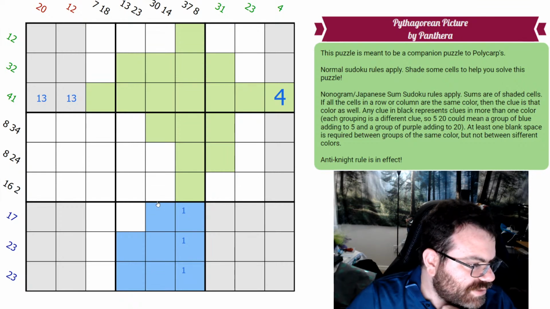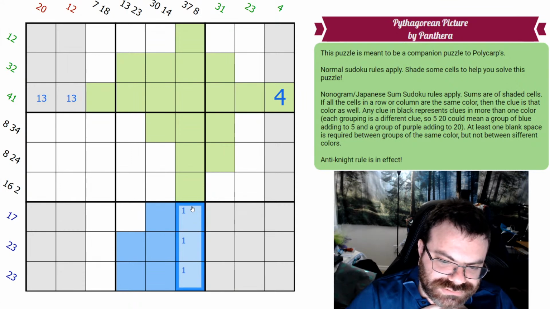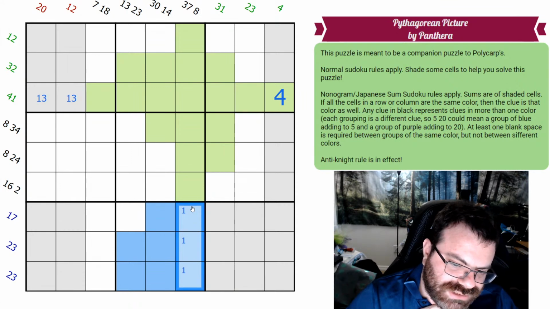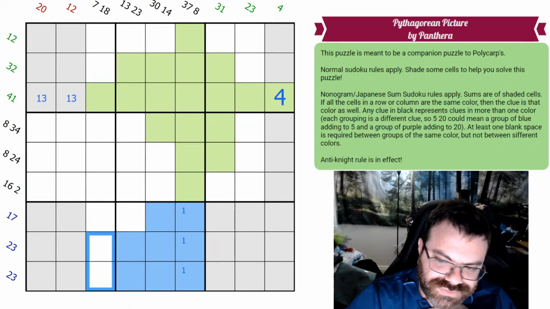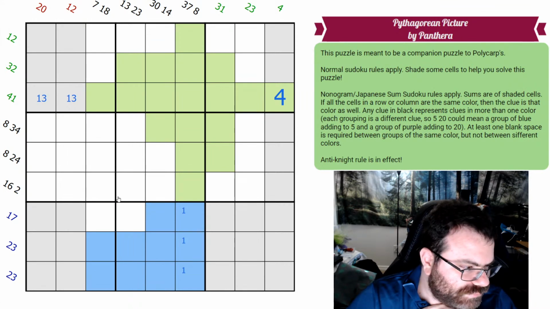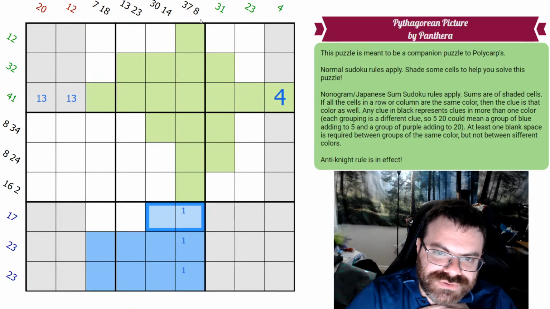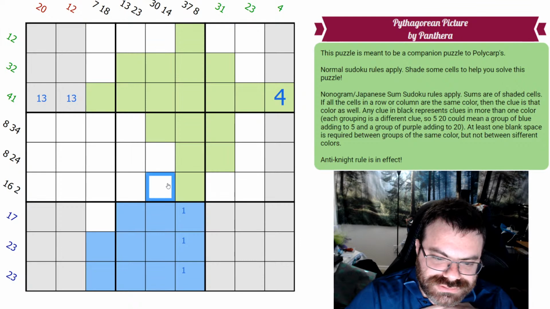Caleb's point is this 8 and 3 can't have a 6 in it, or an 8 or a 9. So these 23 clues have to be 4 long each. And this can't be 8, 9 because that would break the 8 clues. So this has to be 3 long.